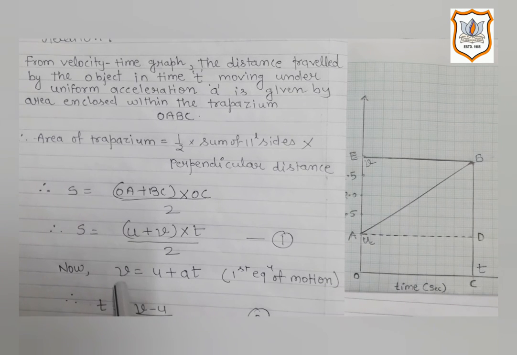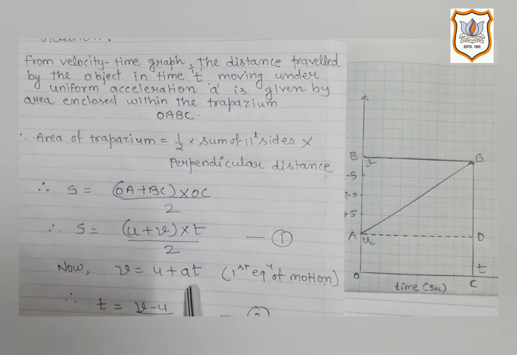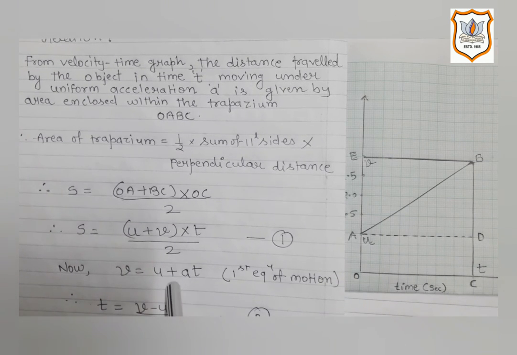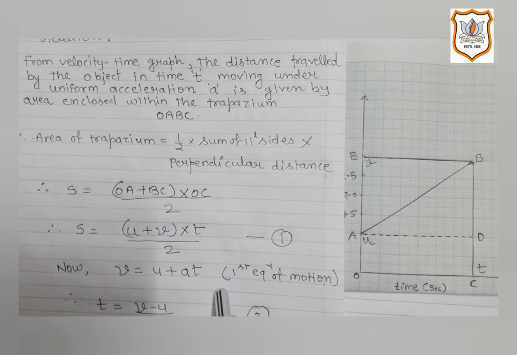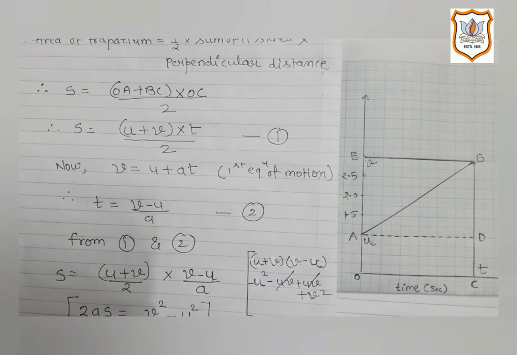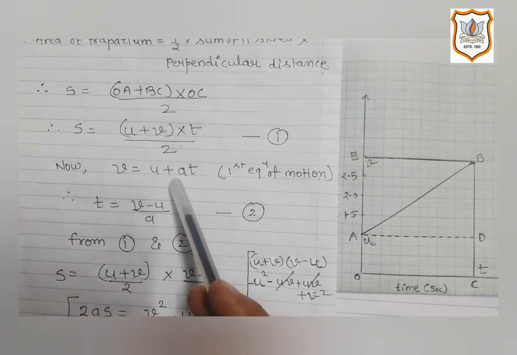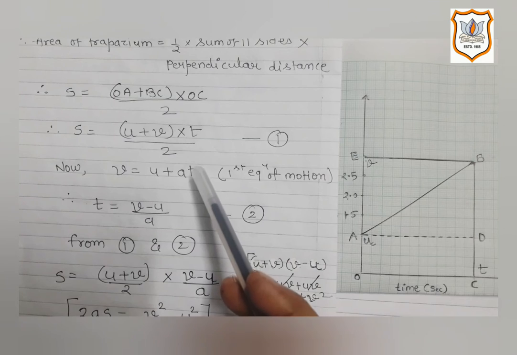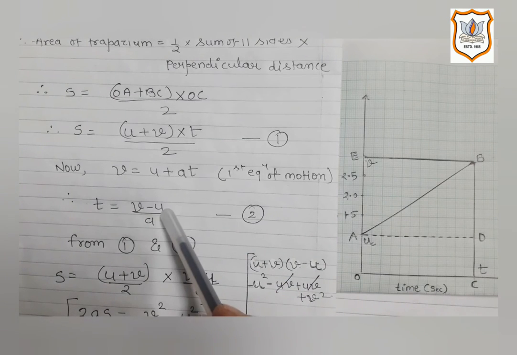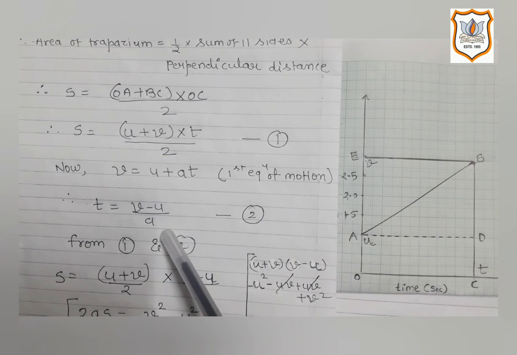Now, we know the relationship that we have already proved in first equation, that is v is equal to u plus at. Is it clear? So, from this equation, v is equal to u plus at, we can write t as v minus u upon a.